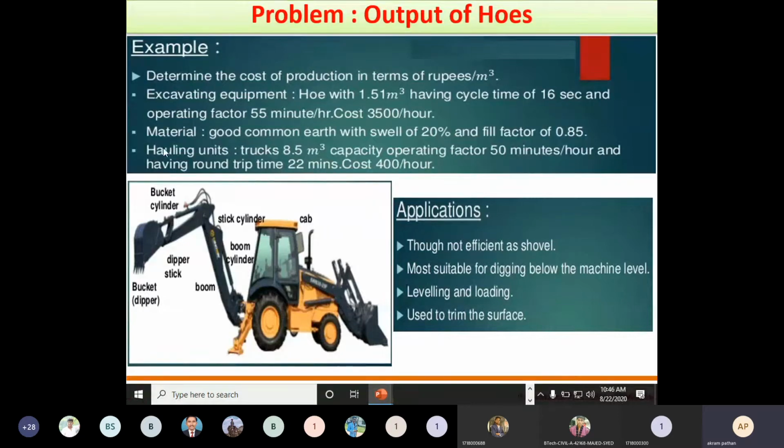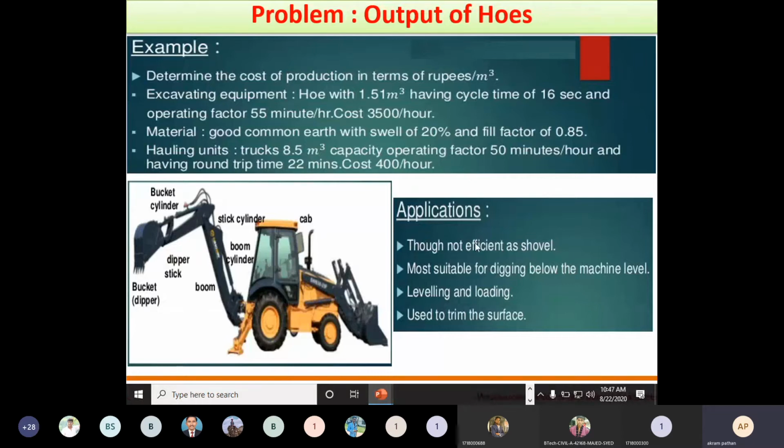So taking the loaded material and dumping that material on the side, loading and unloading, this truck will require 22 minutes, and the cost for this particular one trip is rupees 400 per hour. So we have to calculate the cost of production in terms of rupees per meter cube. So this is the problem, right?